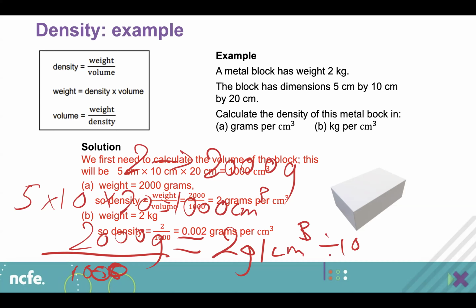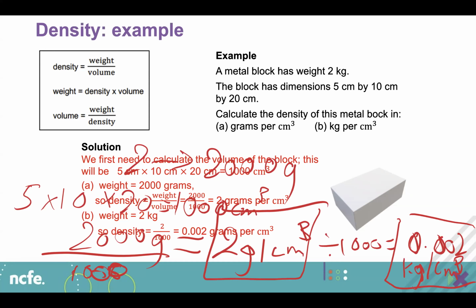Divided by 1,000 to work out the kilograms, it is 0.002 kg per cm cubed. So that's the answer in kilograms per cm cubed, and that's the answer in grams per cm cubed.